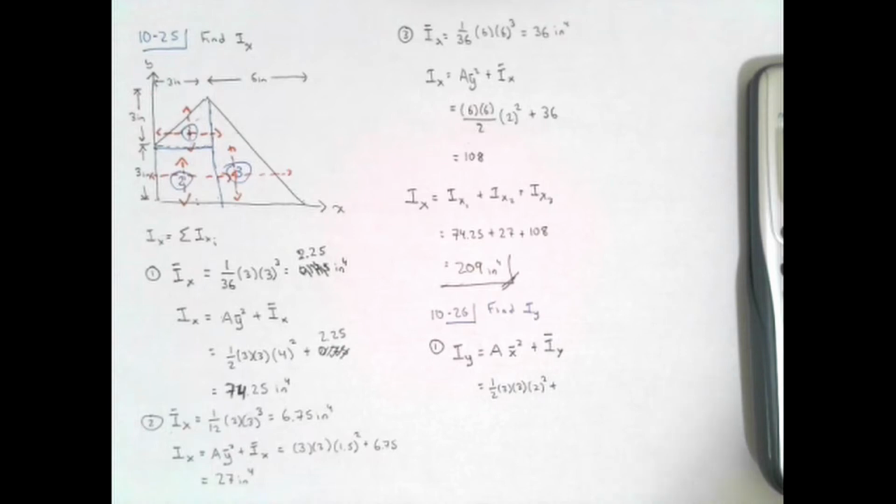So if my centroidal axis is oriented perpendicular to the base, then how do you think the centroidal moment of inertia will look like? Instead of 1 over 36 base times height cubed, what do you think it will be?